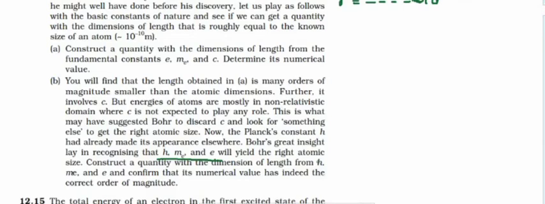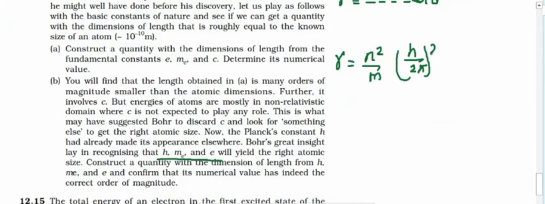Again, I have given the formula in question 12. That formula, which we used in question 12, we can use here. We have a radius formula there: R is equal to n square by m, then h by 2 pi the whole square, into 4 pi epsilon naught divided by e square.